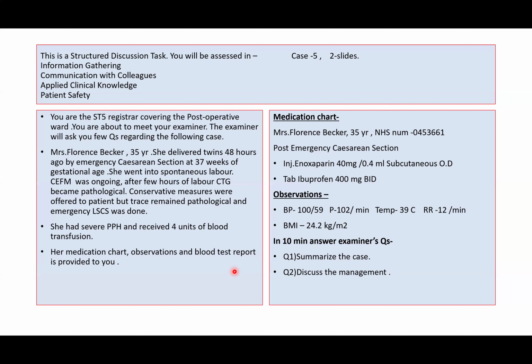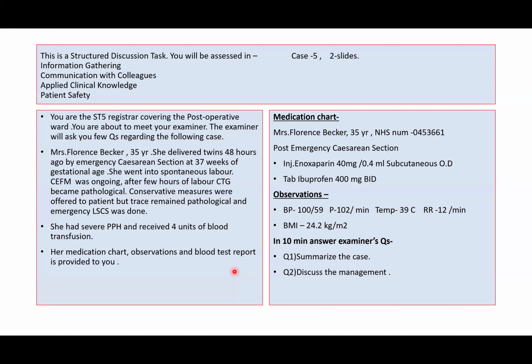Because in simulated patient tasks, what I observed in the real exam is, if you divide it, 1 minute will be your introduction, aim and agenda setting. Another 3 to 3.5 minutes will be your history taking and examination. So 4.5 minutes gone.